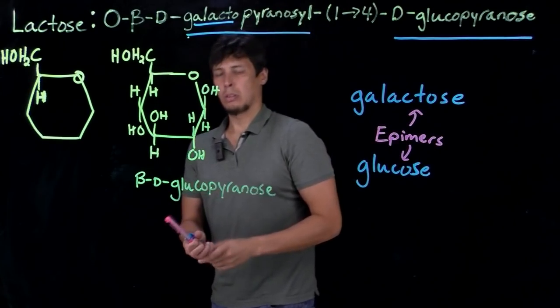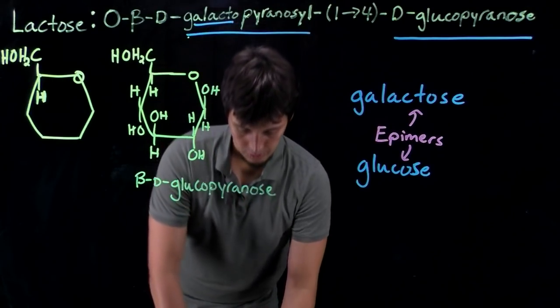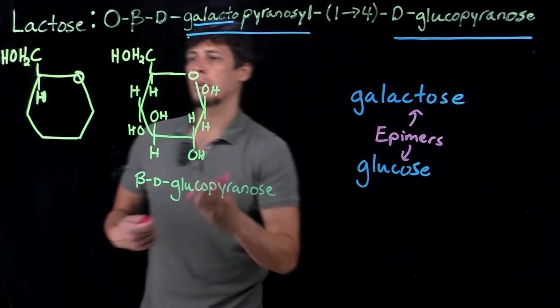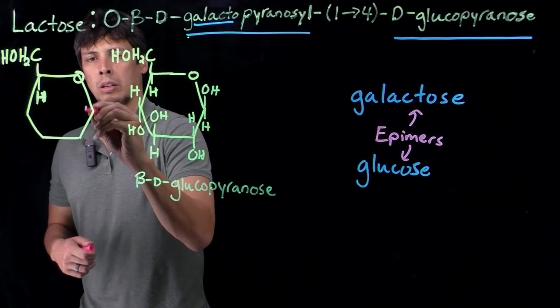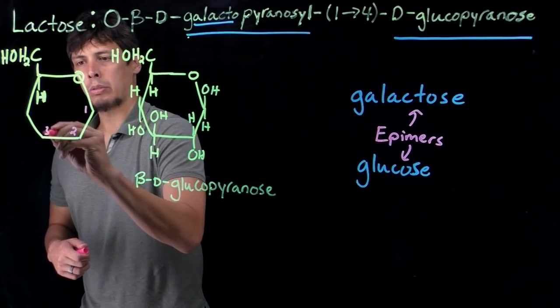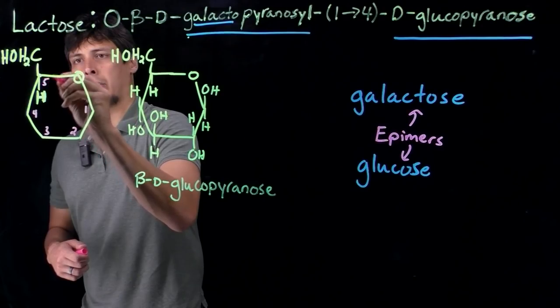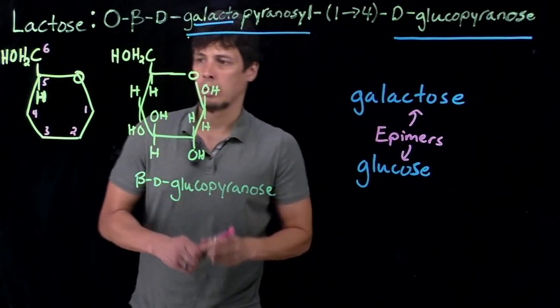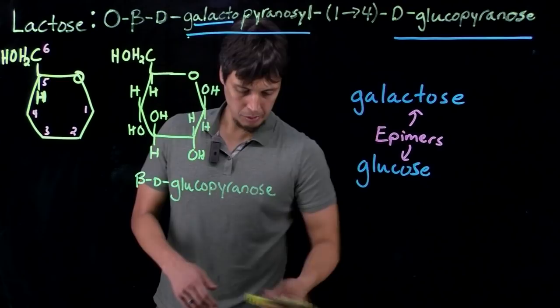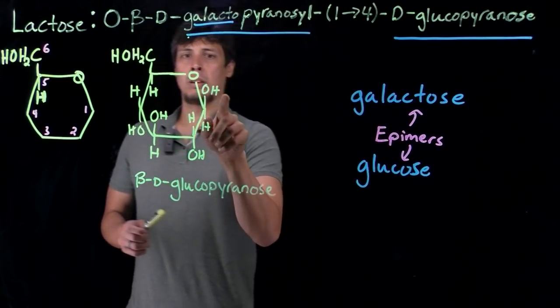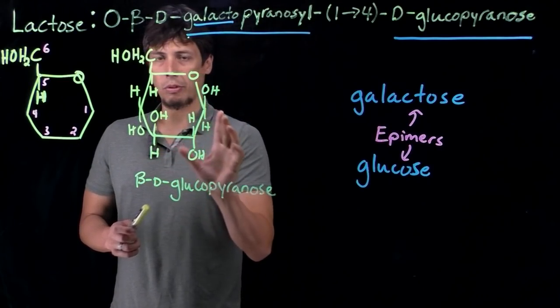So we look at our numbering: there's the 1, 2, 3, 4, 5, 6. The OH groups are going to be the same on everything except for the 4 position.